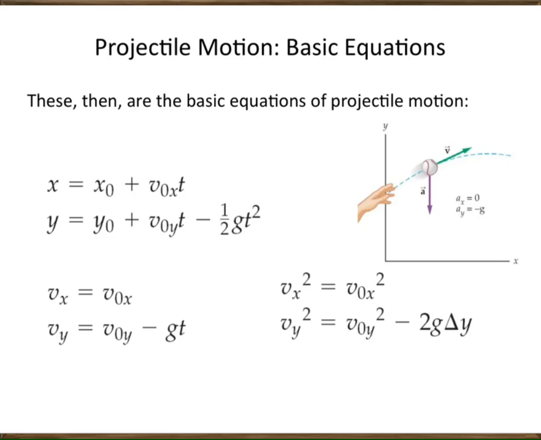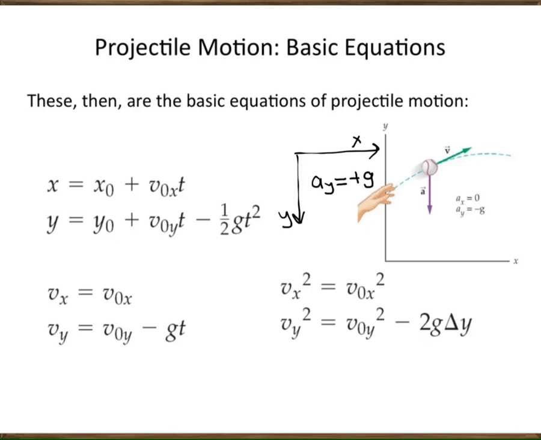But if you have chosen not this coordinate system, but this one, then ay is plus g. This is one of the main confusions about solving problems in projectile motion.